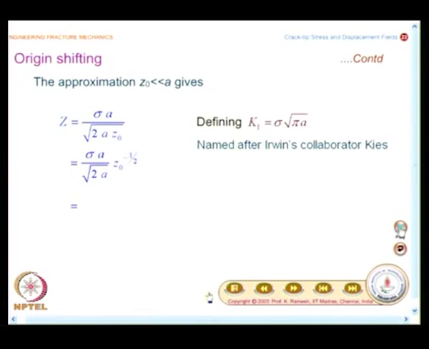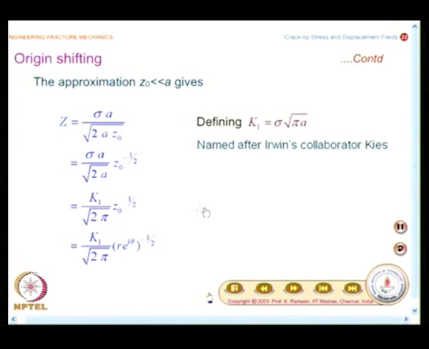So, with this modification the stress function also can be recast. So, when you substitute this definition, this will reduce to k1 by root of 2 pi z naught power minus half, and z naught can be written as r e power i theta. This could be further simplified in terms of cos theta plus i sin theta. That is how we will proceed. Finally, we will get the stress field in terms of r and theta.